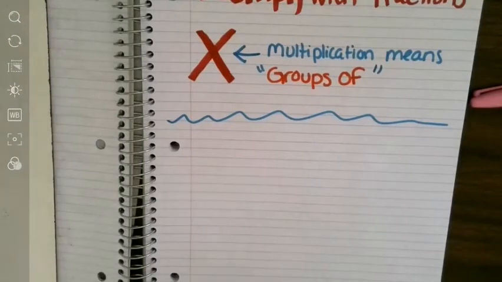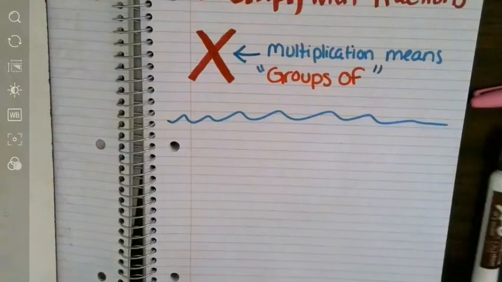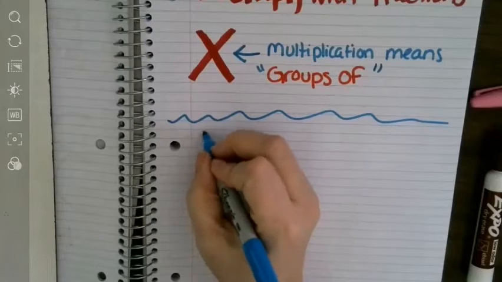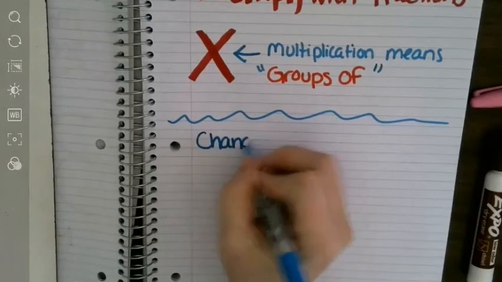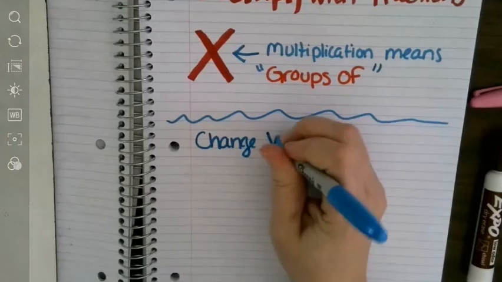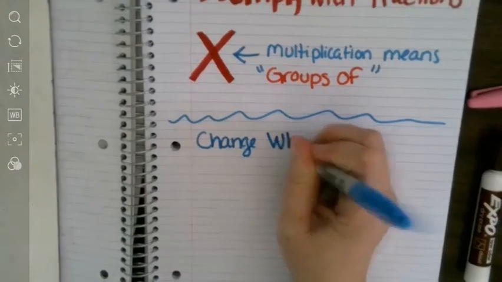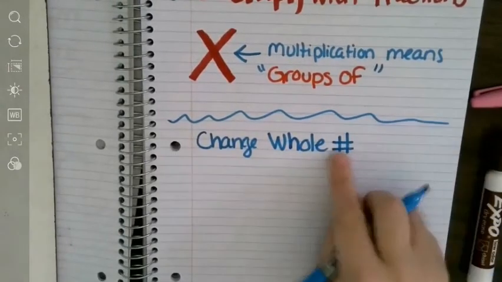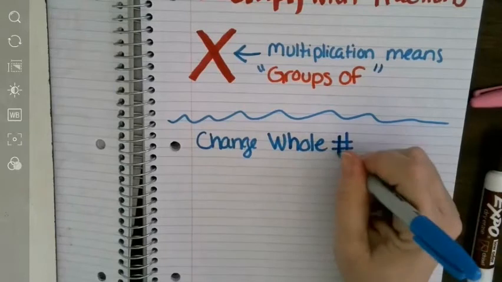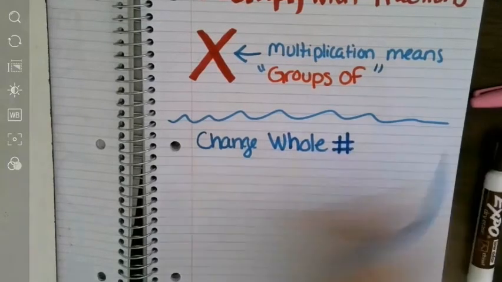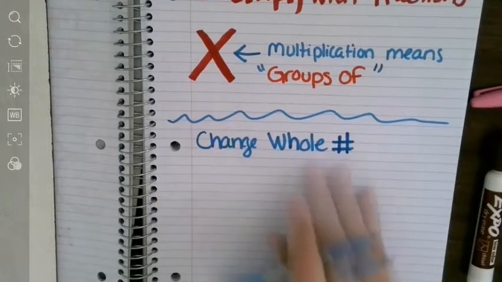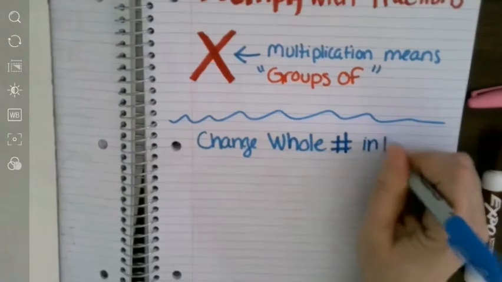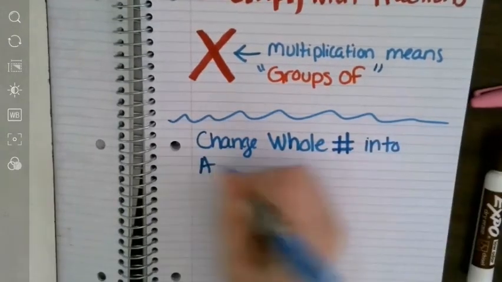Good job, you guys. So on our notes, we need to talk about how to change a whole number, and this whole is spelled with a W. Do you guys remember that this symbol means number? People now say hashtag or pound sign, but it also means number, shorthand for number. So change whole, if you want to write number down there, you can. Whole number into a fraction.